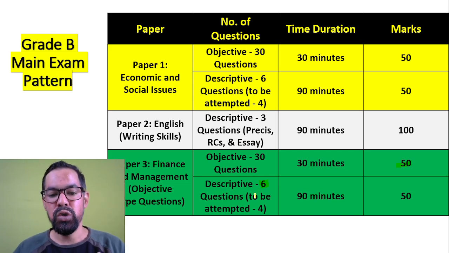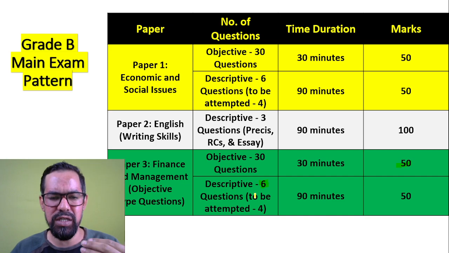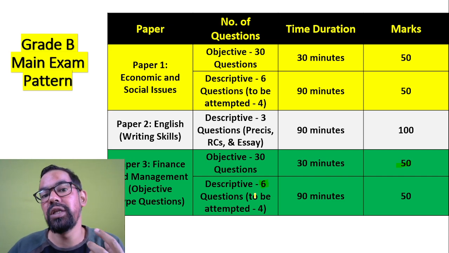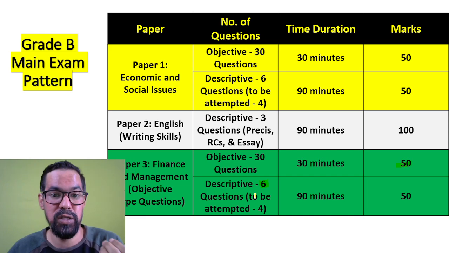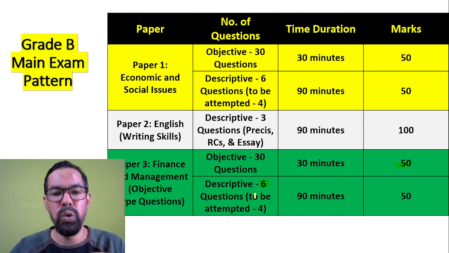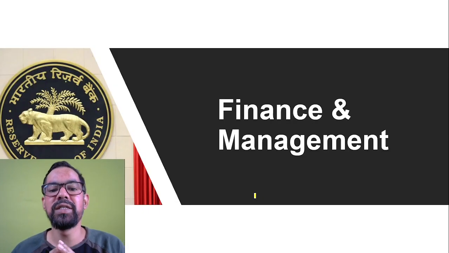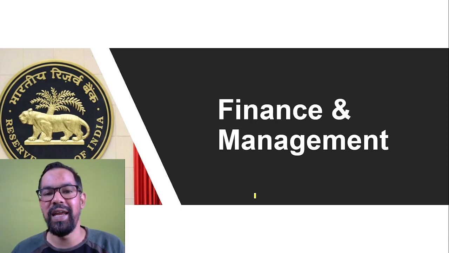Okay, so MCQ based, you'll get 30 questions. These are case based or simple theory based and all. And if you talk about the descriptive, these topics are more toward current finance and management issues, right? So here we will start talking about finance and management.